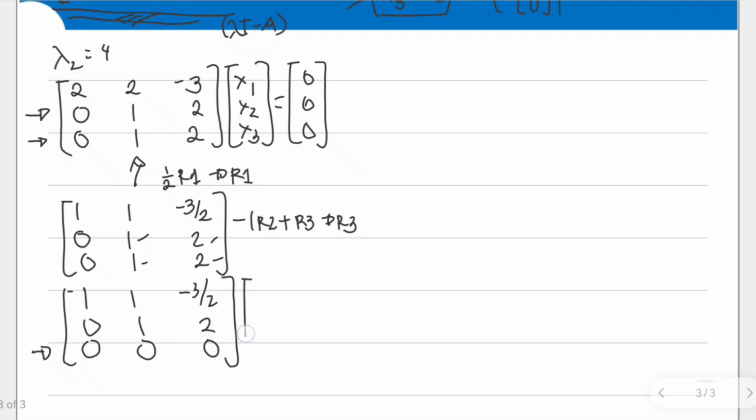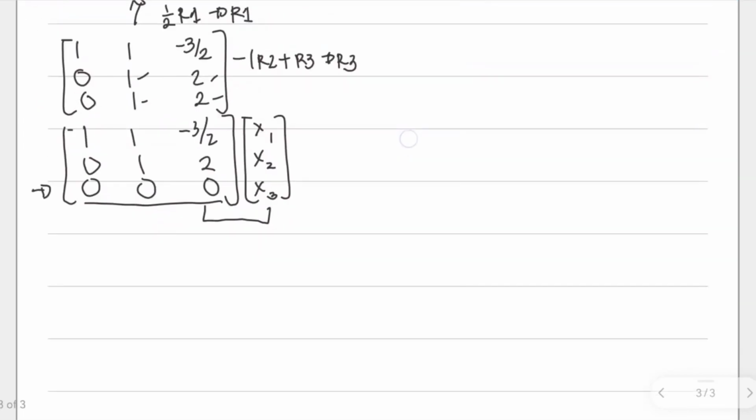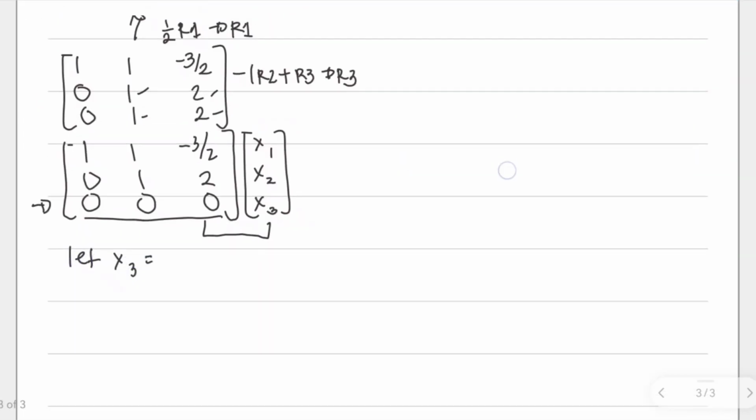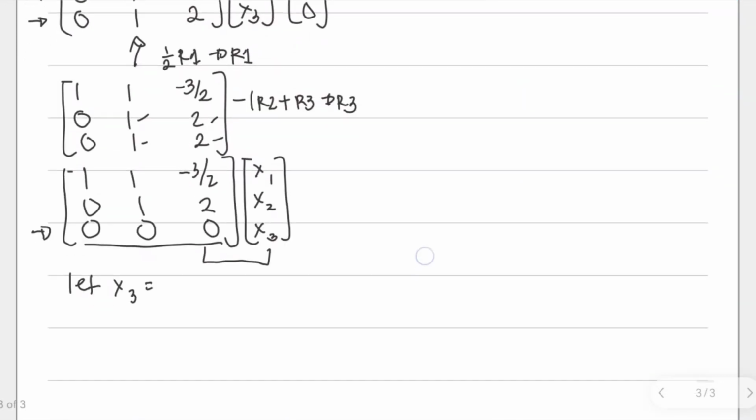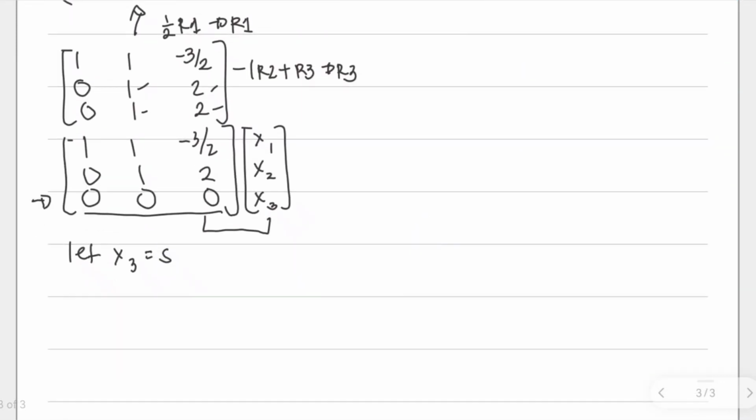With this, we're going back to the product of multiplying this with x sub 1, x sub 2, and x sub 3. We can see a row where we don't have any entries aside from 0. This automatically means that your x sub 3 can be represented by an arbitrary constant. Since we used a t earlier, we'll use s here.